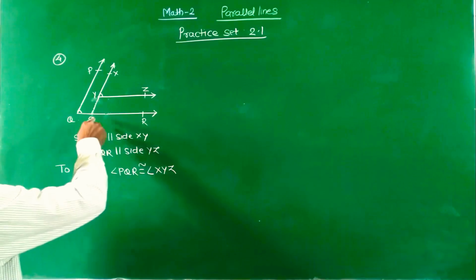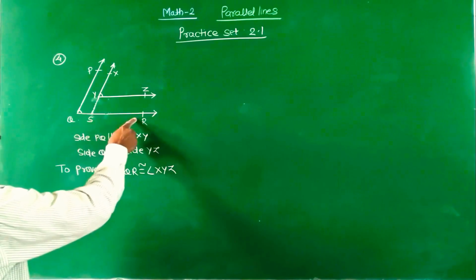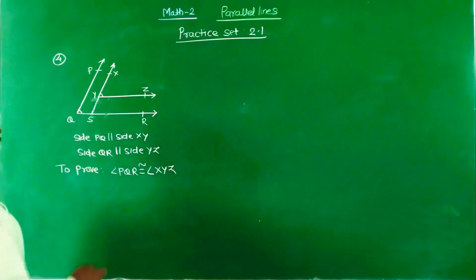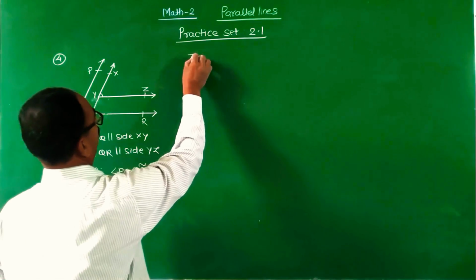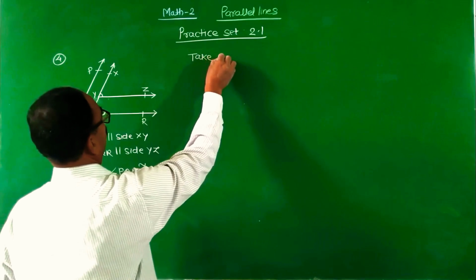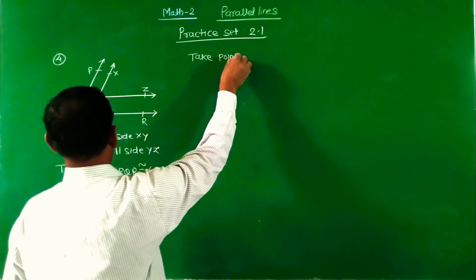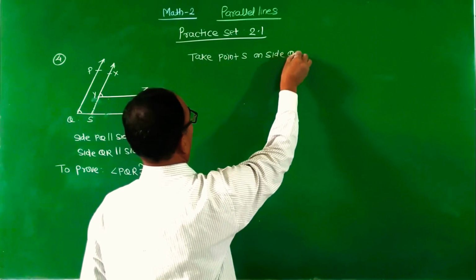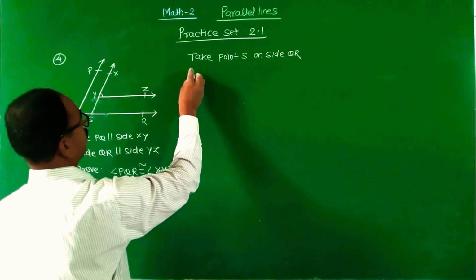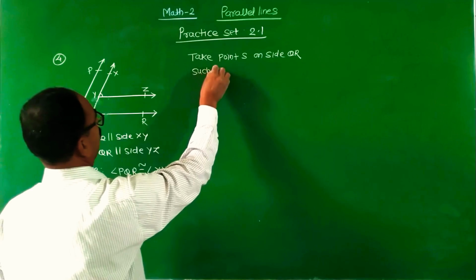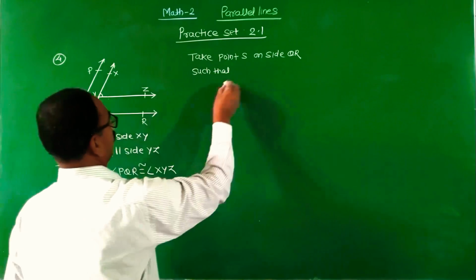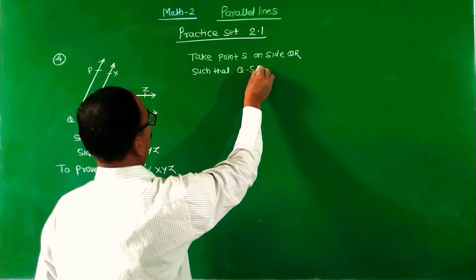Then we take point S on line QR such that S, Y and X are collinear. Take point S on side QR such that Q, S, R are collinear points.